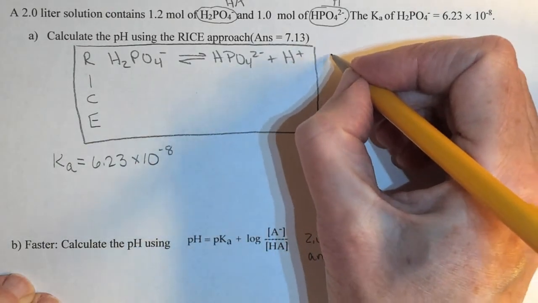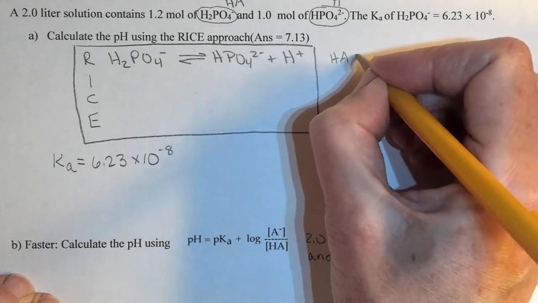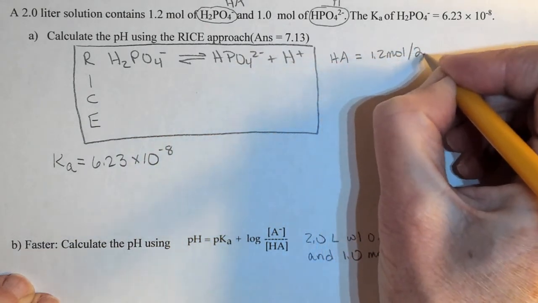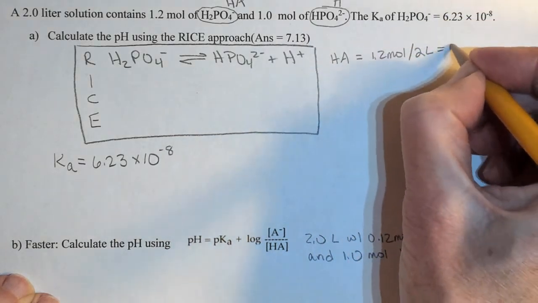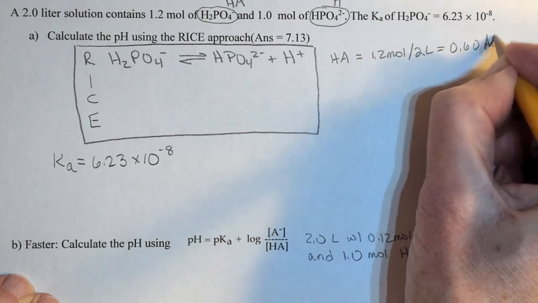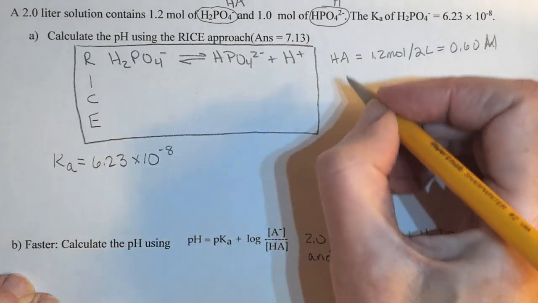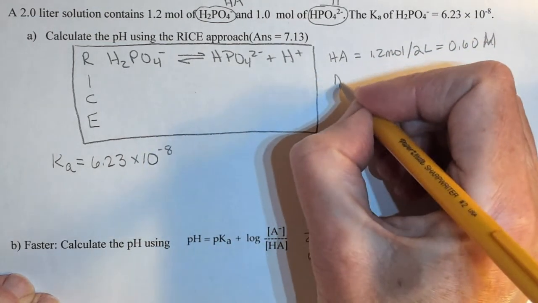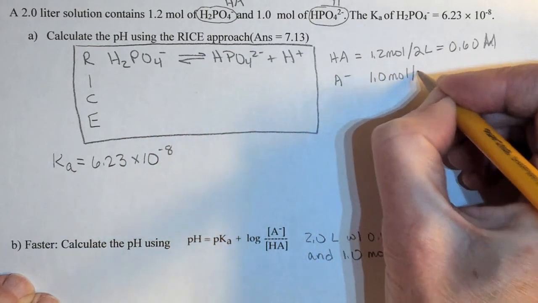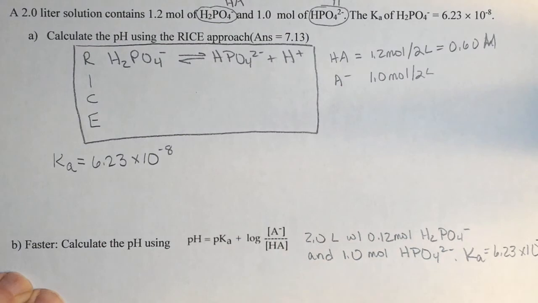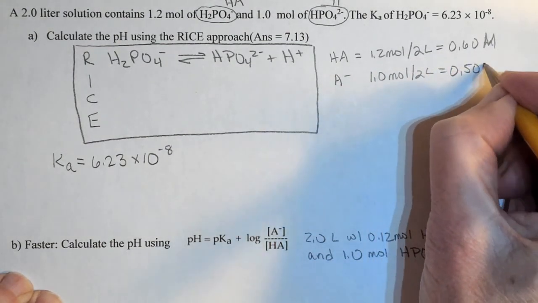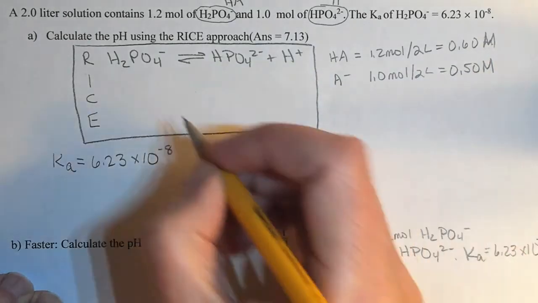So for HA, our molarity is equal to 1.2 moles over 2 liters, which is 0.60 molar. And for the A minus, we have 1.0 moles over 2 liters, which is going to be equal to 0.50 molar.